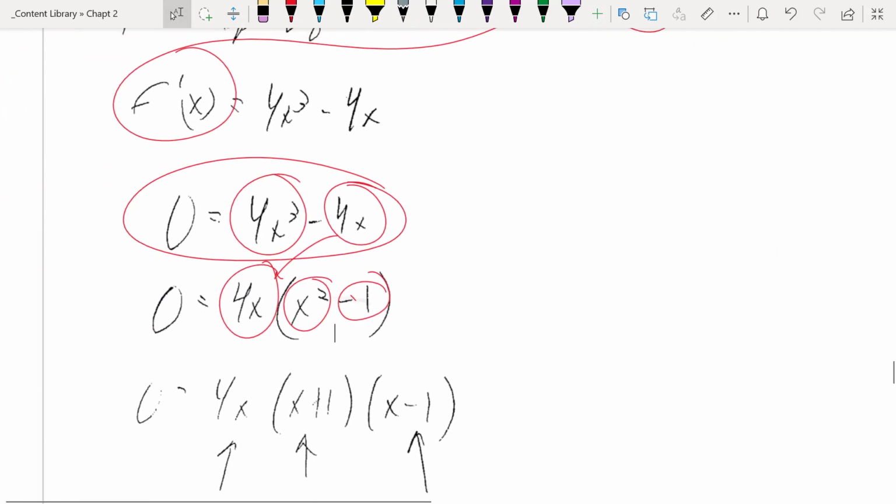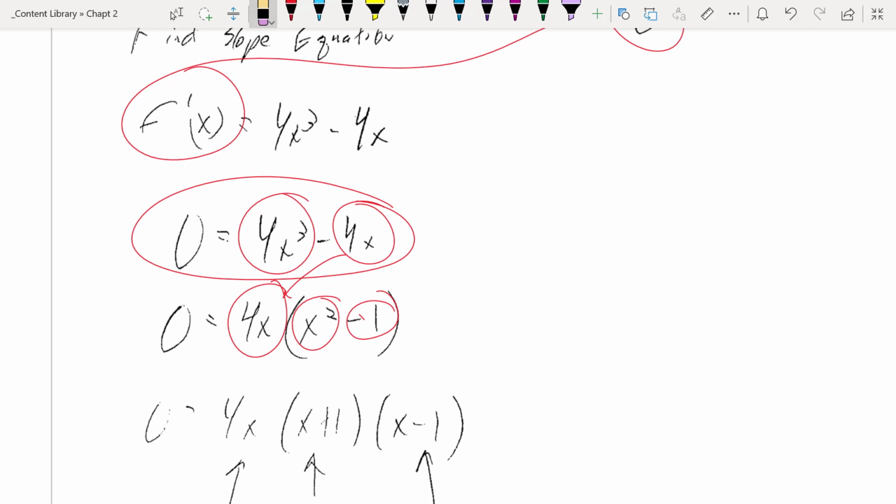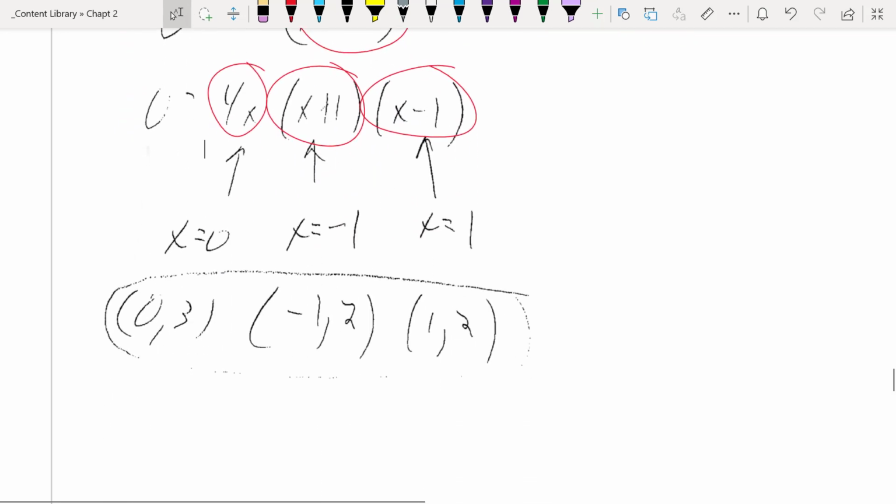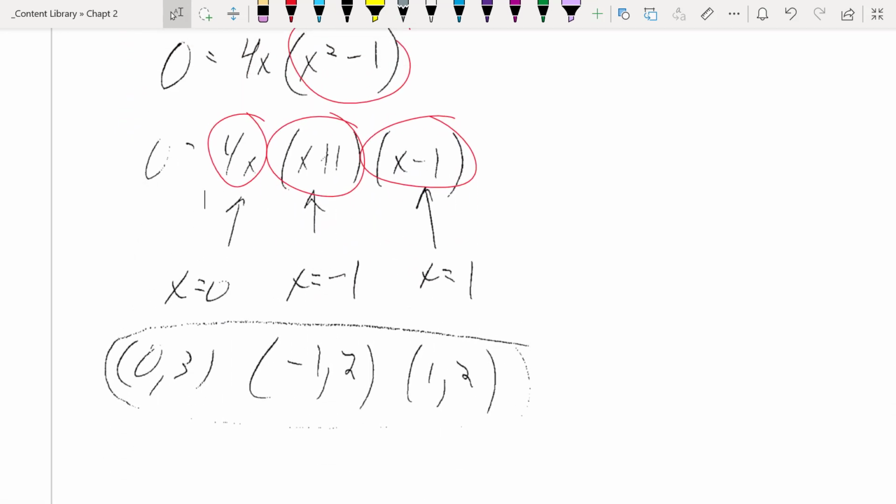Now that I've done that, I'm going to go ahead and factor the x squared minus 1. So x squared minus 1 is going to factor down to x plus 1 times x minus 1. So factored completely, I've got 4x times x plus 1 times x minus 1. I'm going to set each one of these equal to 0 and solve. When I take the 4x and set it equal to 0, I divide both sides by 4 and I get x equals 0.